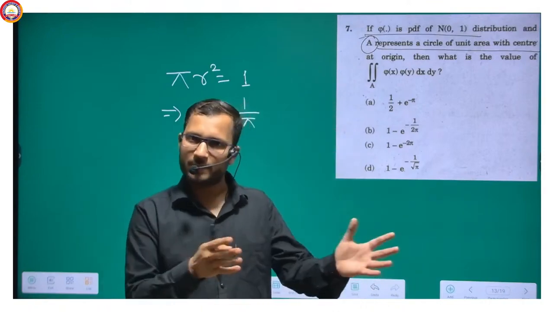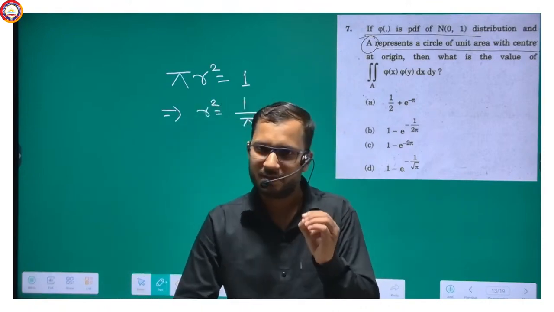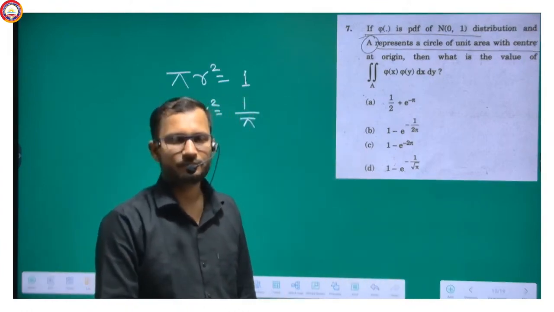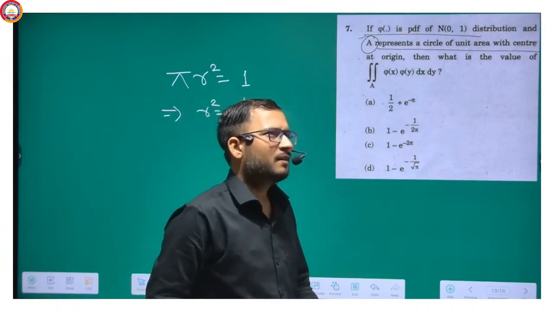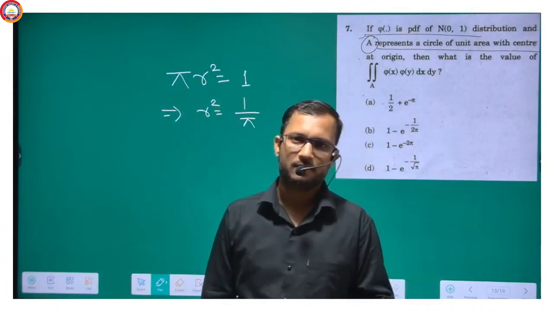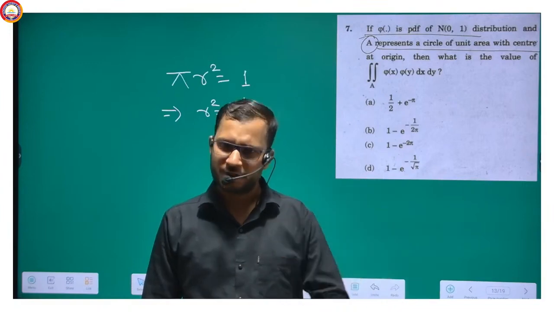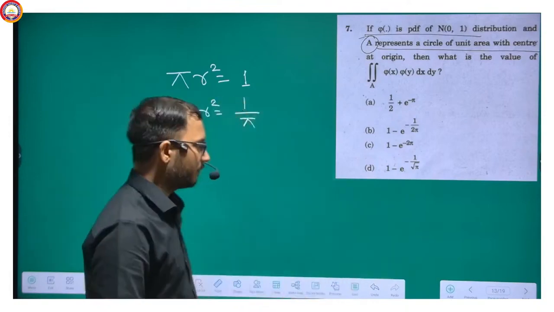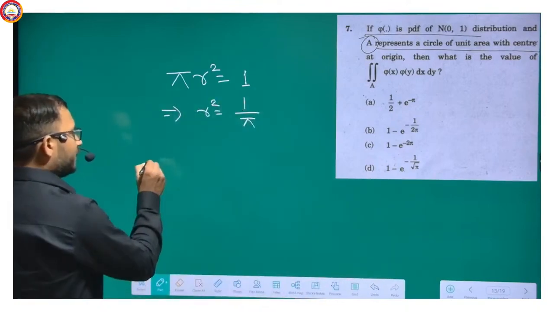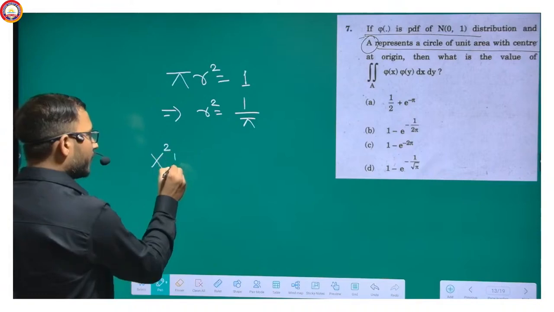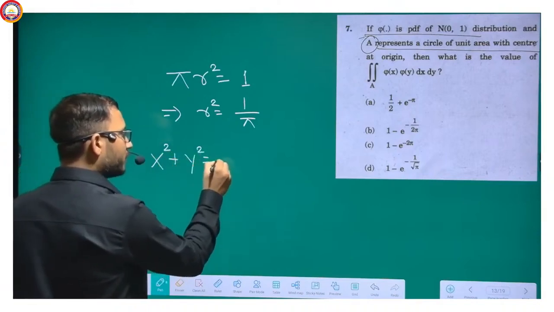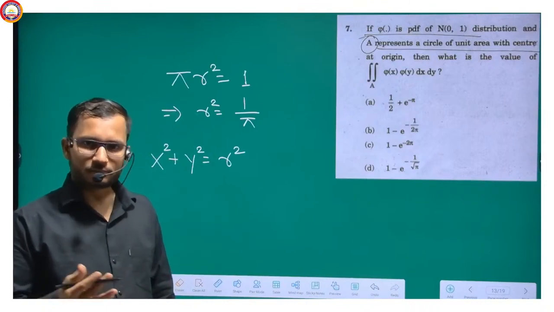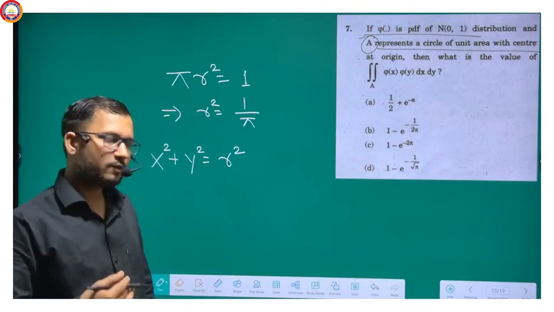If you are from the mathematics background, you may have studied in class 11th or 12th the equation of a circle with center at the origin and radius equal to r, and that is x square plus y square equal to r square. Getting my point?